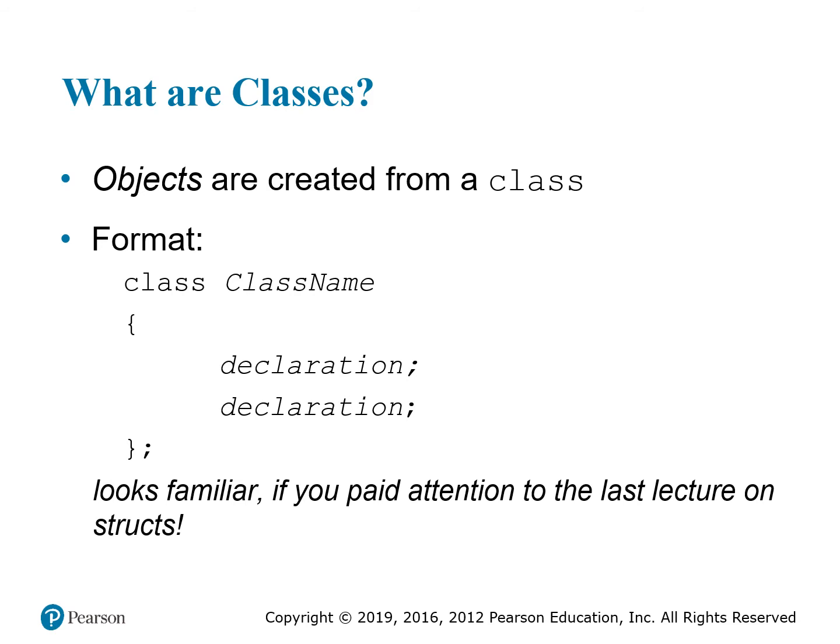You define a class by typing out the keyword class and then a name for your class, typically starting with an uppercase letter. Open curly, declaration, declaration, declaration, close curly, semicolon. Looks really familiar if you paid attention to the last lecture on structs.